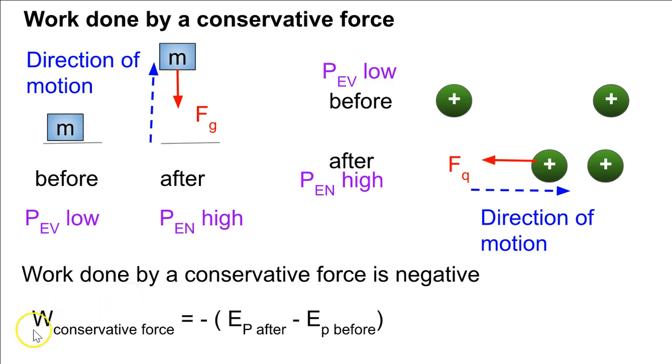So if I want to know what the work done by the conservative force is going to be, it's going to be minus the change in the potential energy. Okay, so the work done by the conservative force is equal to minus the change in potential energy.